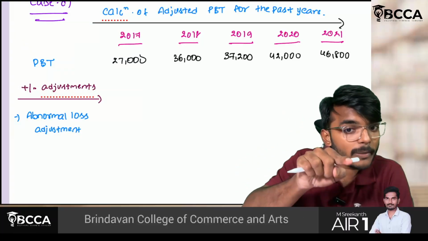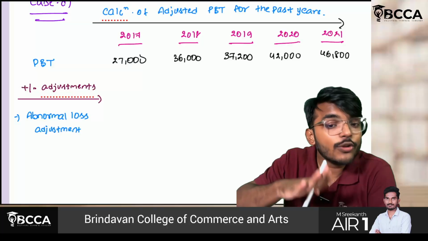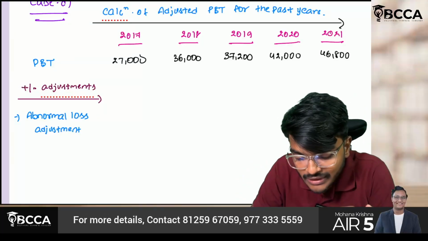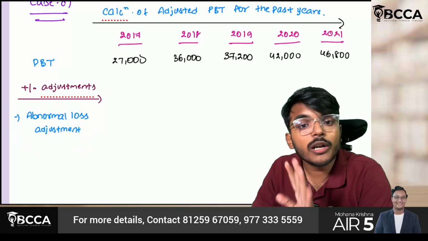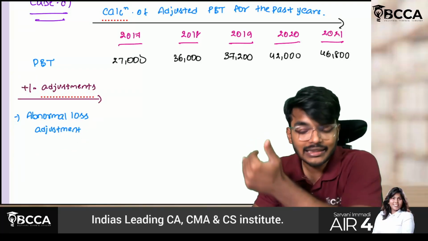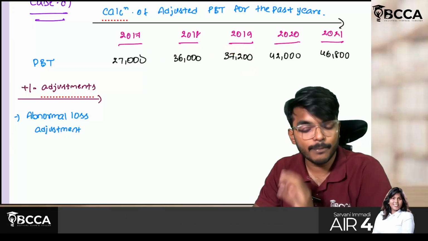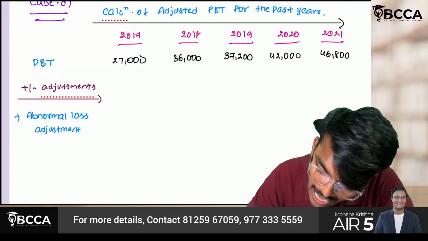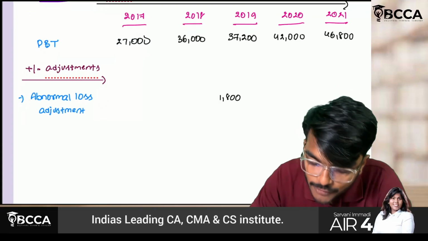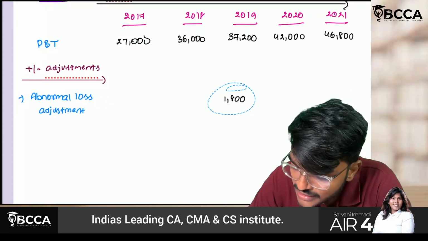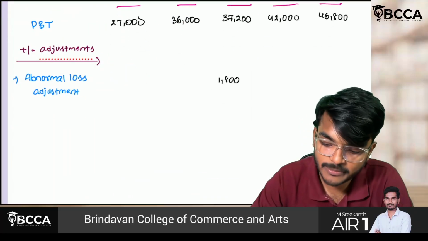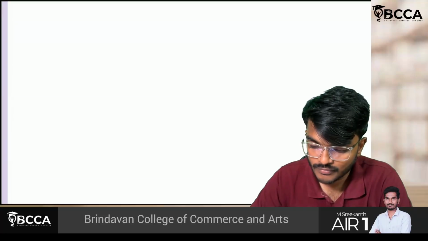Because of that abnormal loss, your profit is reduced by 1800 rupees, but you have to make an adjustment because that abnormal loss will not be repeated in the future. Since it is already deducted while calculating the 2019 profit, now I have to add back this 1800 rupees. So what Prasad is saying is exactly correct. So this is the first adjustment which we have to make.